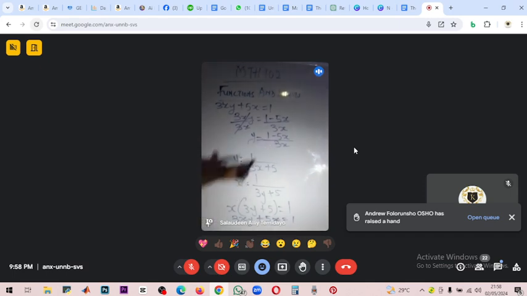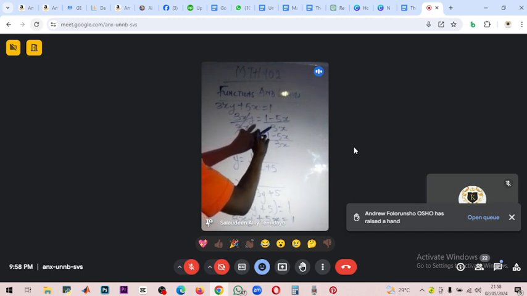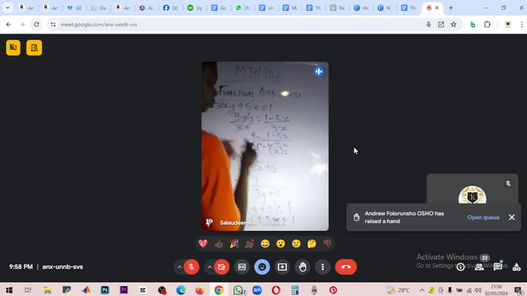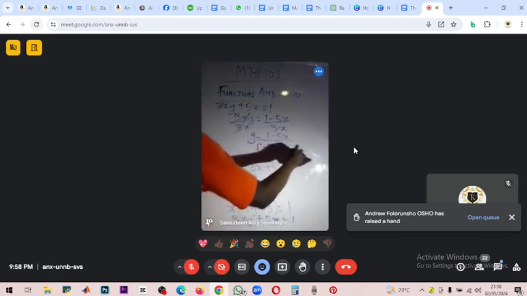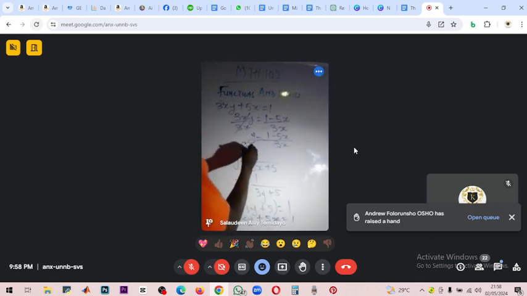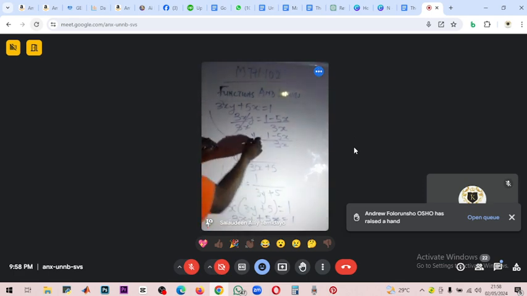So we've gotten the value of y. After getting it, we change it to f inverse of x equals that value. So it comes this way, it ends here. This is the inverse of the function.